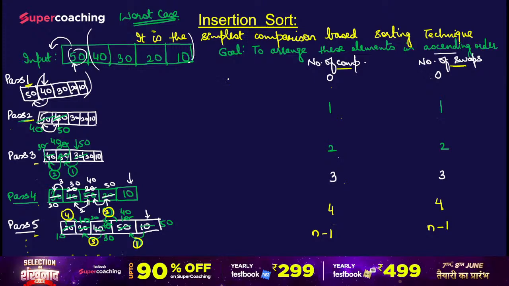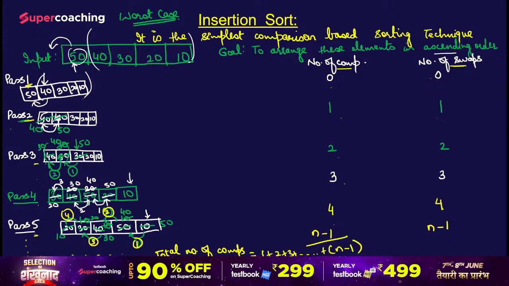Now we want to find out the time complexity. For this, the total number of comparisons will be 1 plus 2 plus 3 plus 4, and in this case the number of swaps is also the same, so the total number of comparisons will be equal to 1 plus 2 plus 3 and so on up to n minus 1.